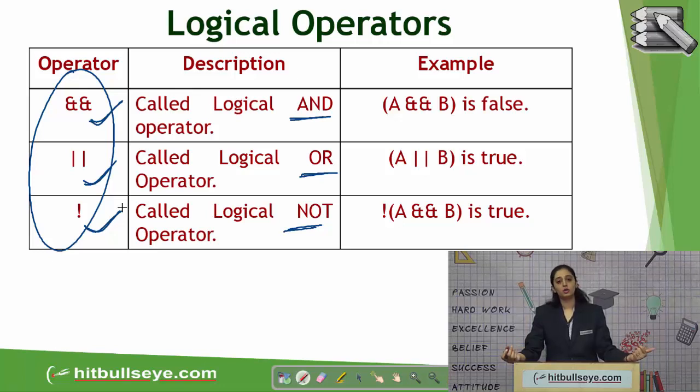And simply the NOT operator logically inverts the value of the operand, right? If the condition is true, it will make it false. So let's discuss these types of operators with the help of a truth table.